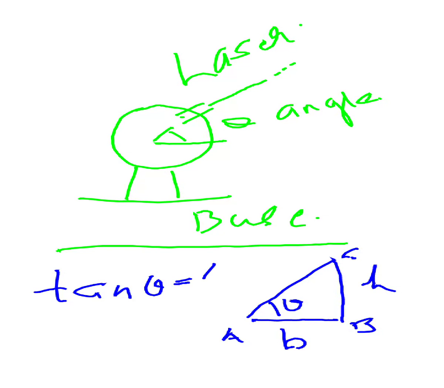If I write it as H divided by B, now tan theta is equal to H divided by B.